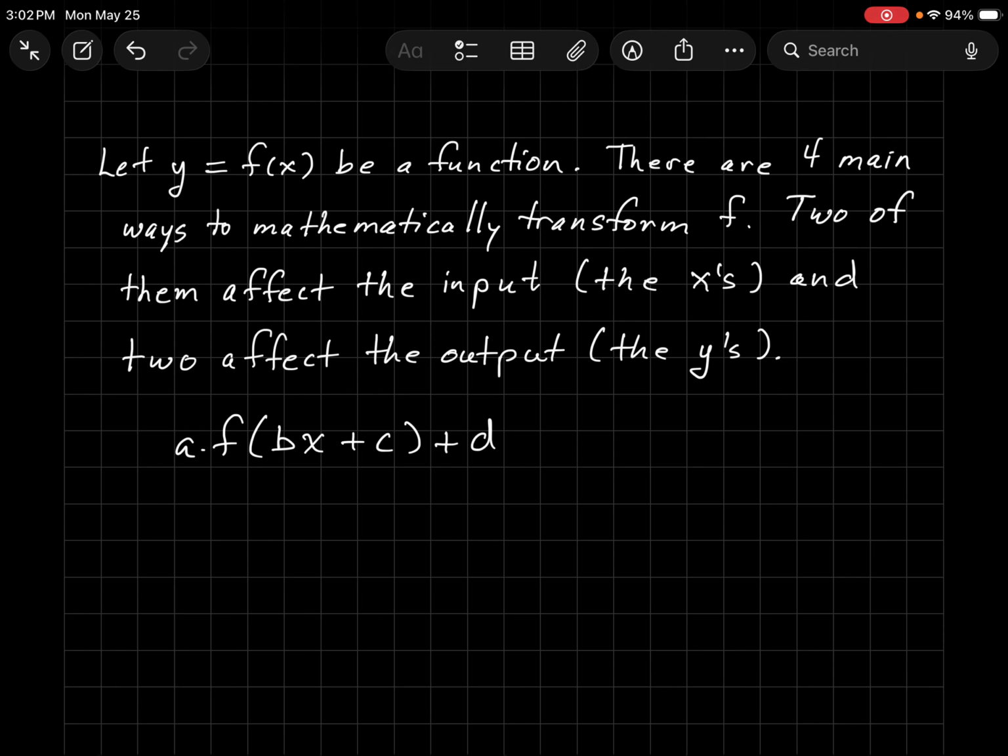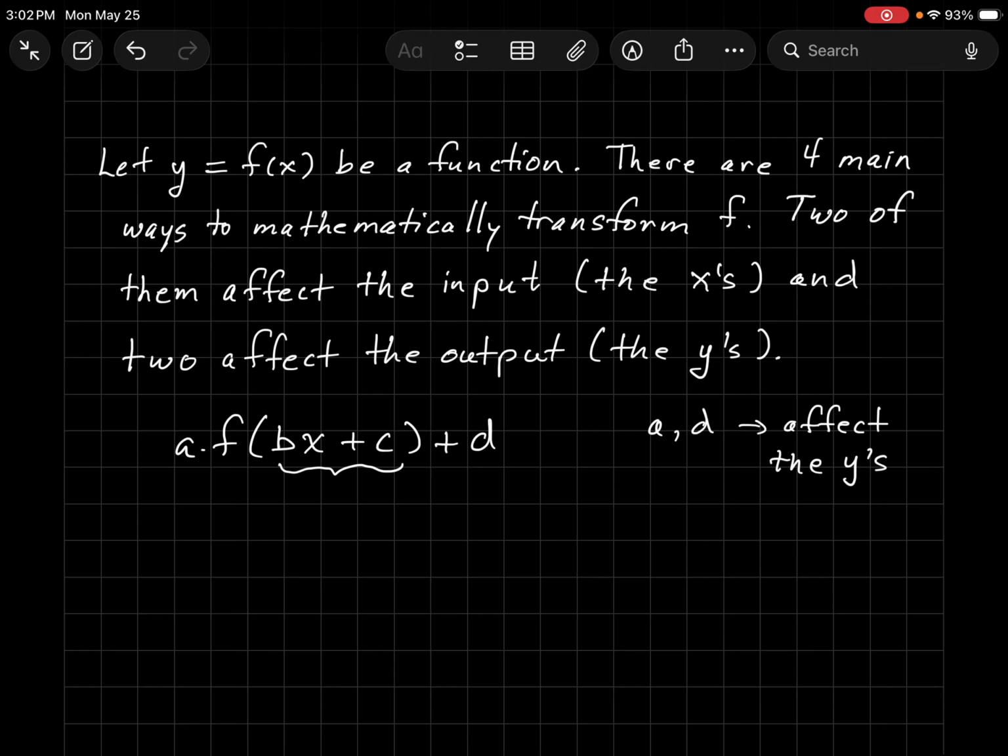Notice here that the a and the d are affecting an output. That is, they're going to affect the y's. And you might say, well, how do I know they affect the output? Well, it's because the input into f of x is what's inside the parentheses.